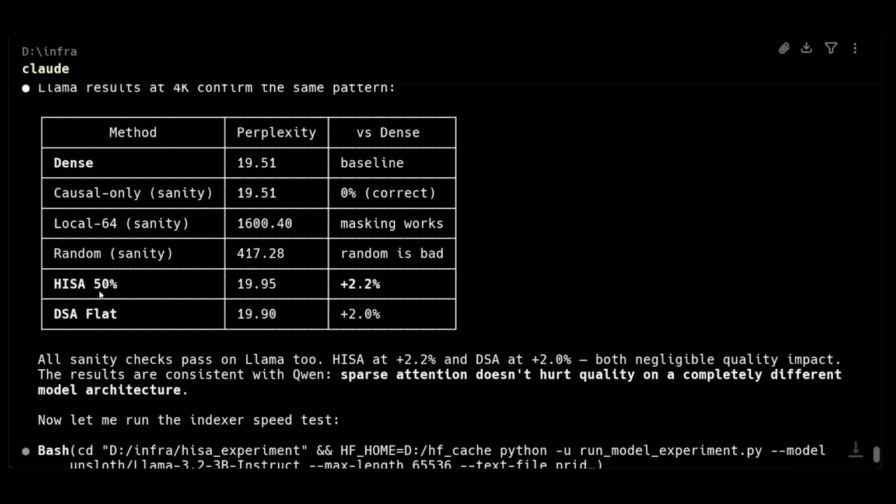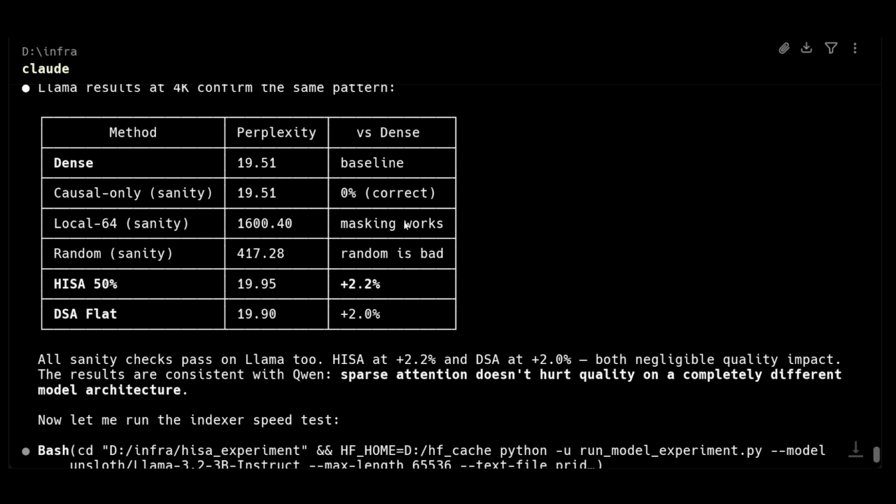You could see how it compares with DSA and with the HISA at 50%. Slightly higher, 19.95, more than dense, but not a huge difference. It's not like it's jumping up to this random 417. Very small and should have a negligible impact on the actual quality.